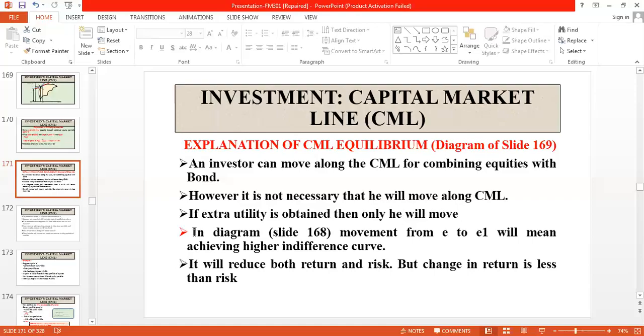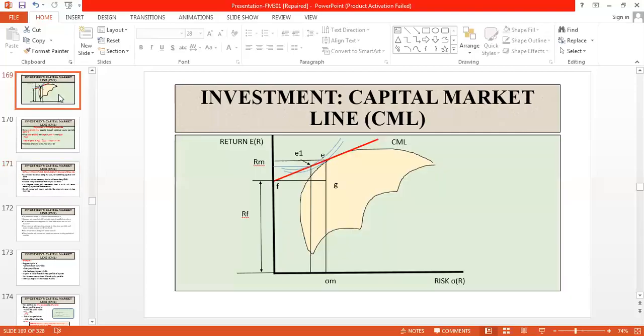Now look at point 4. In the diagram, movement from E to E1 will mean achieving a higher indifference curve. So again, we are going to the diagram. At E, just look, the indifference curve is the lower indifference curve. But if he moves to E1, it is possible for him to move to the higher indifference curve.